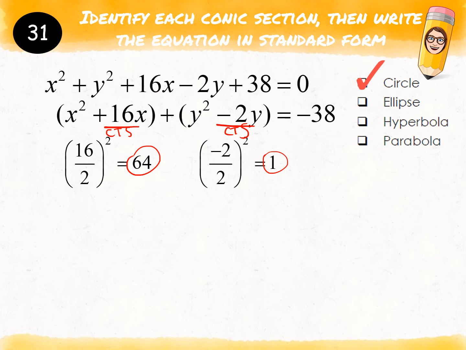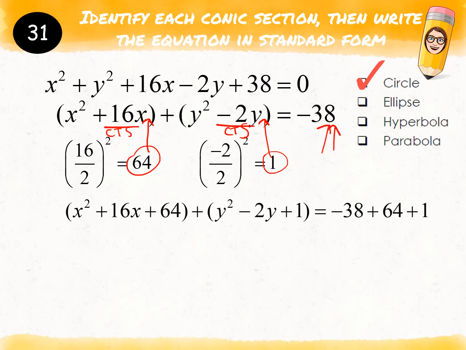Step 4, add those numbers to both sides of the equation. Meaning I'm going to add the 64 right here, I'm going to add the 1 right here, and I'm going to add them both to the right side. There were no factors to worry about multiplying out front, so no special things. It's a regular old 64 and 1 on the right side.